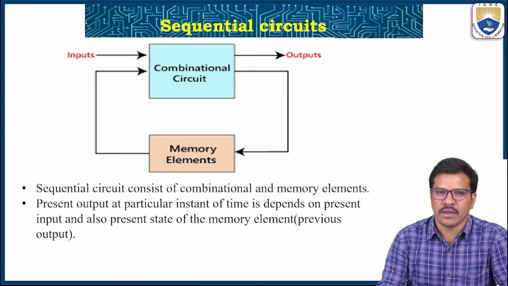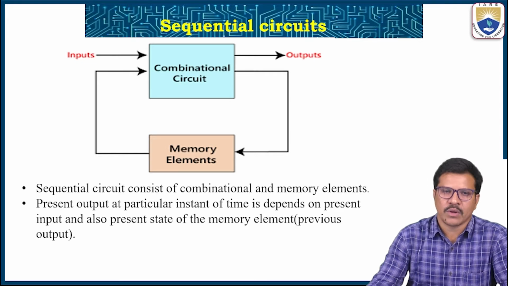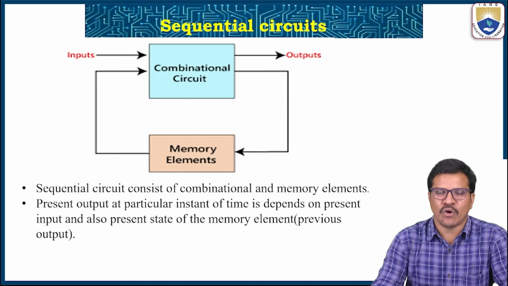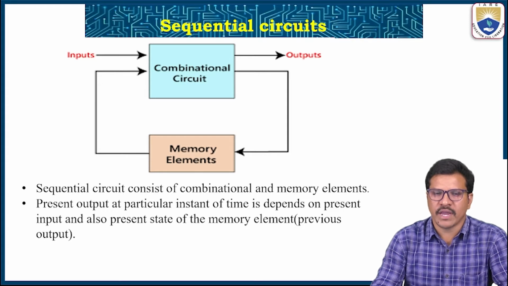As we discussed in previous chapters, circuits range from simple logic gates to more complex circuits like mux, decoder, encoder, and comparator.